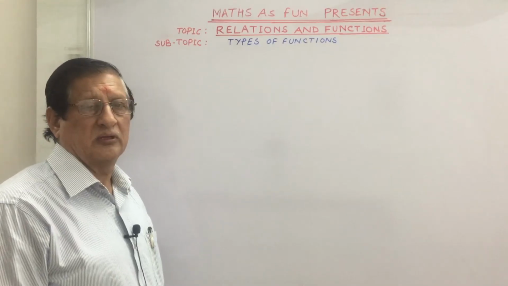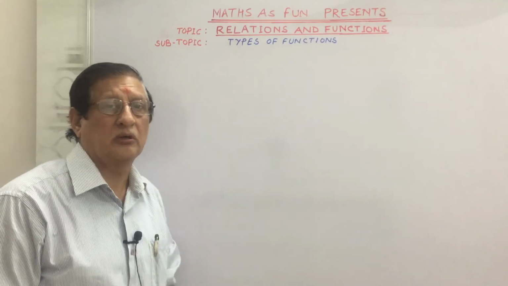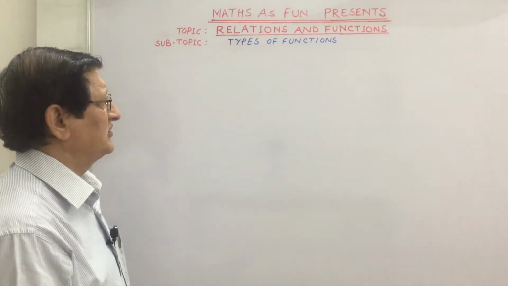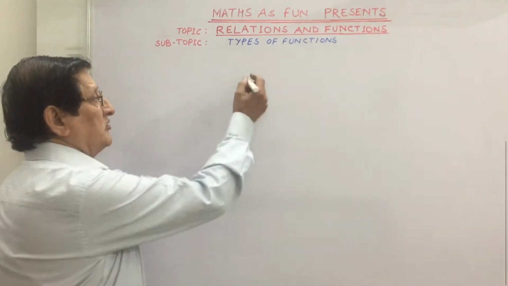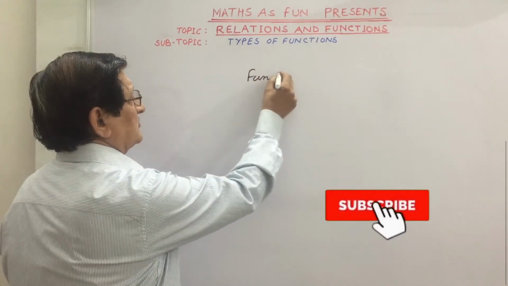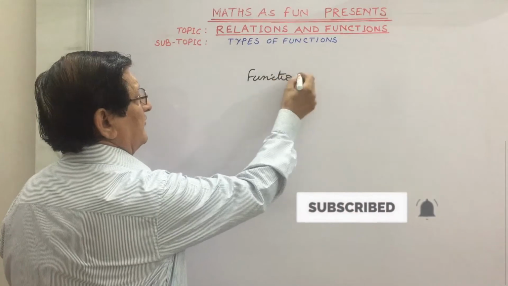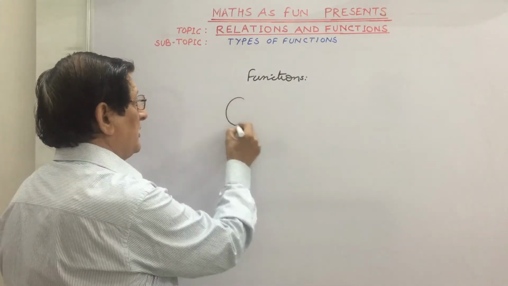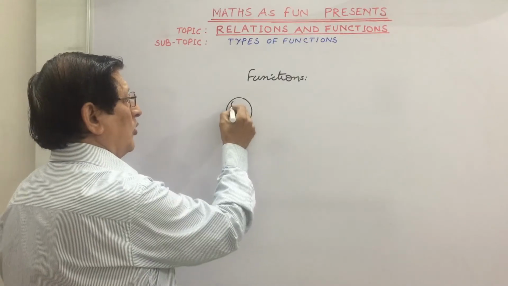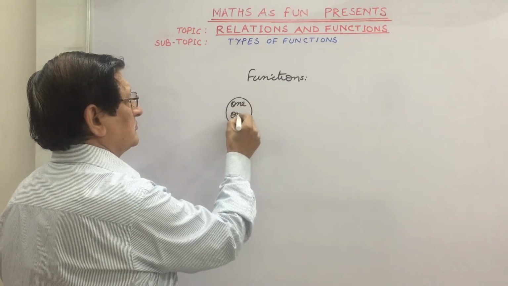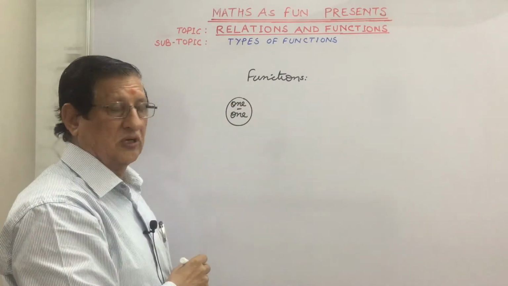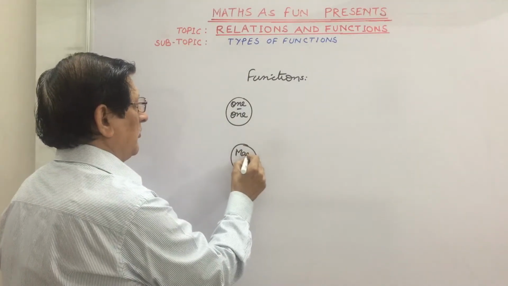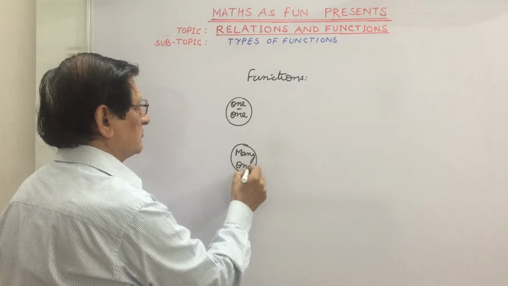Hello everyone. In this video we are going to learn about types of functions. How many types of functions do we have? A function may be one-one function, and if it is not one-one, it may be many-one function.